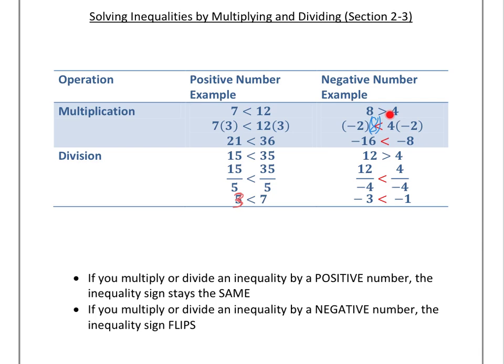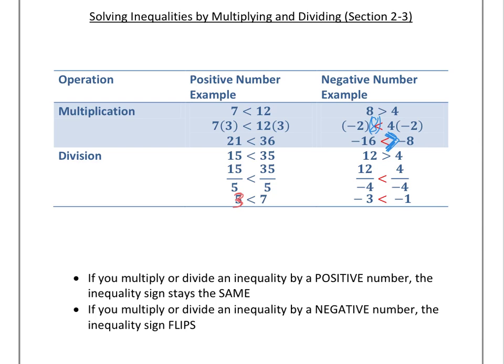Notice that all of a sudden the inequality sign went from a greater than to a less than. Why? Well, if you look at negative 16 and compare it to negative 8, all of a sudden you have to flip. Let's pretend that we had kept the inequality sign as a greater than.